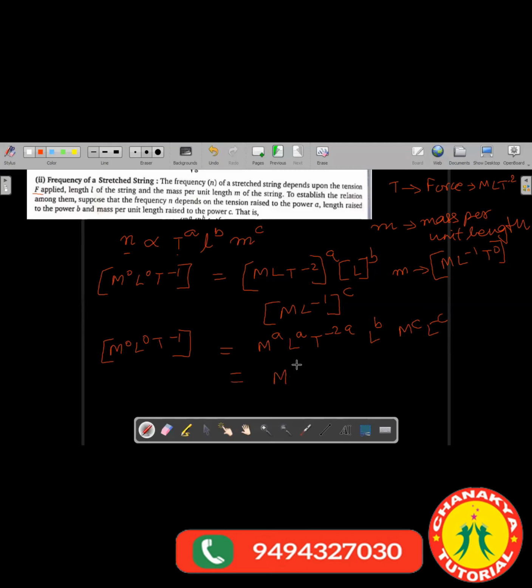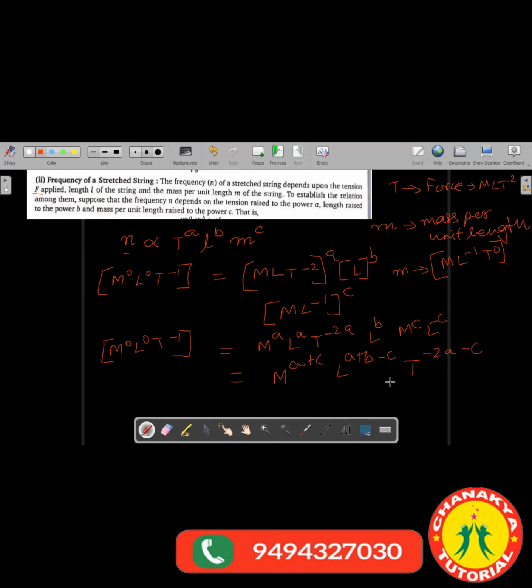We have M to the power A plus C, L to the power A plus B minus C, and we have T to the power of minus 2A minus C.